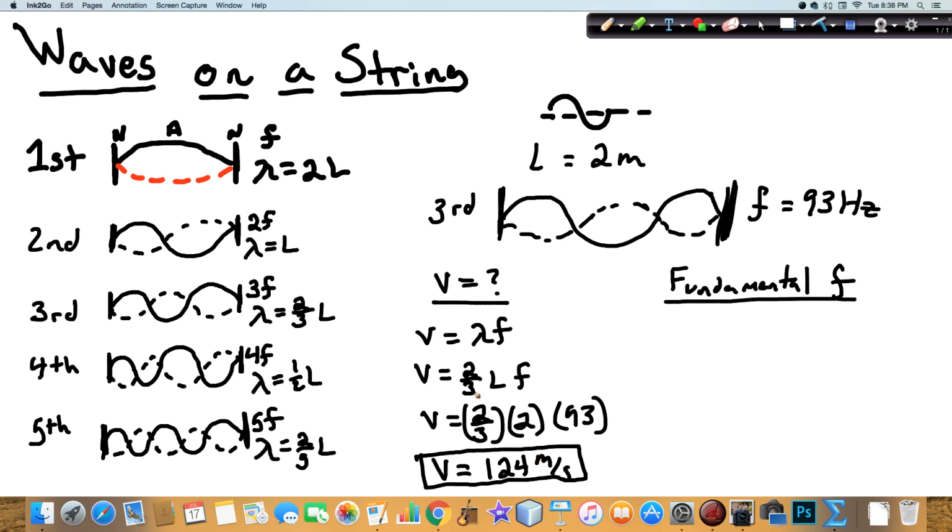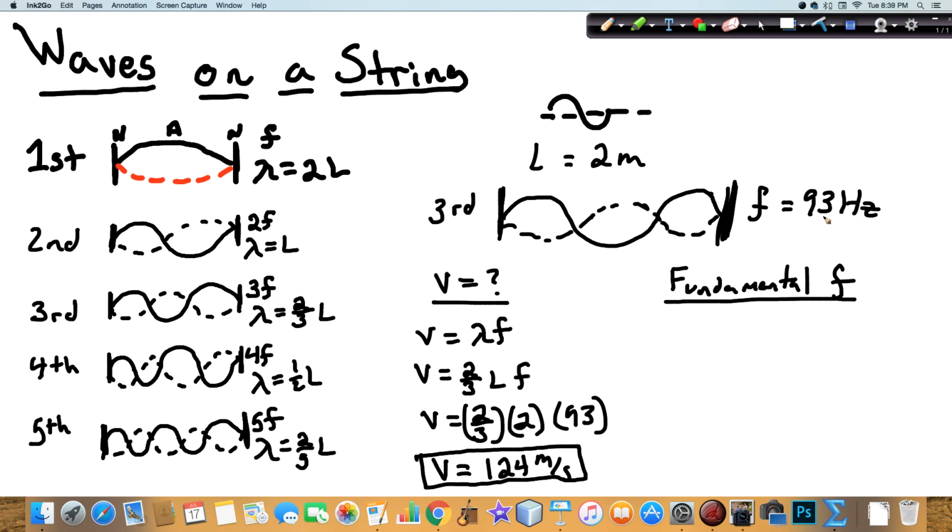And so basically what we did is we were able to substitute our equation over here because we knew the length of the string, we knew which harmonic was being produced. We could substitute this wavelength for this part of the equation and then solve for what we have. Now the fundamental frequency, let's solve for that. Well, we look at this and we say, well, this is 3 times the fundamental frequency.